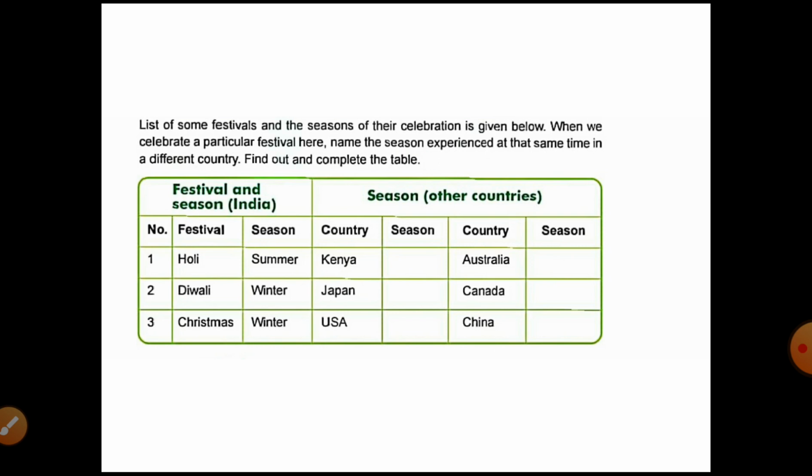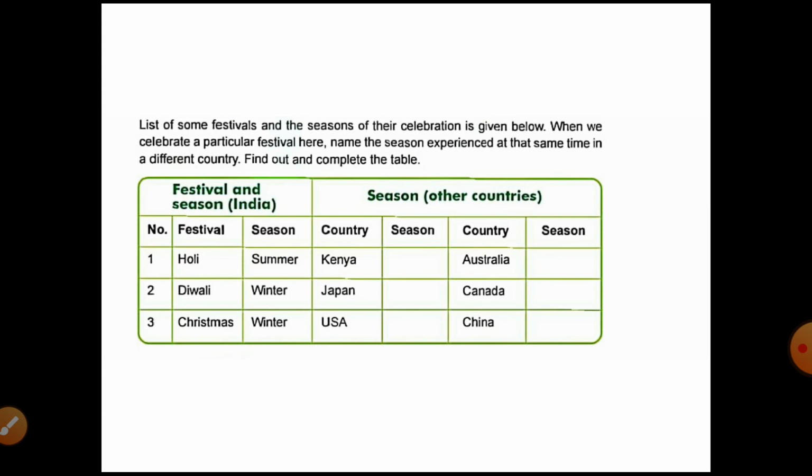The festivals given are first, second, third: Holi, Diwali and Christmas. Then the seasons: summer, winter and winter. So in Kenya, what do you have to write here?